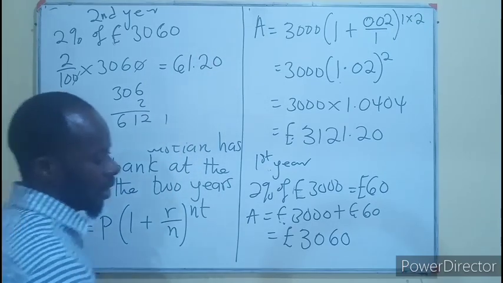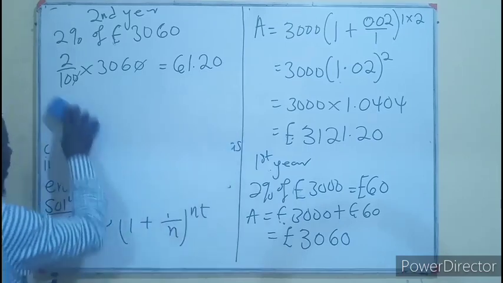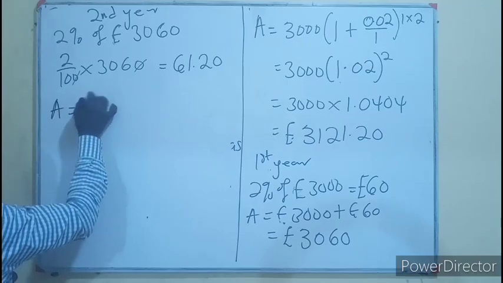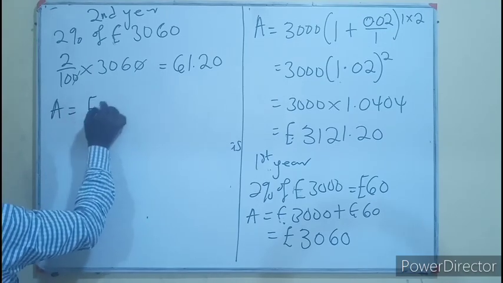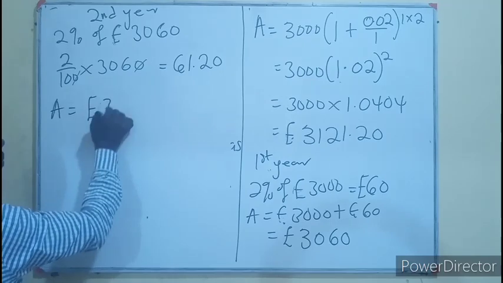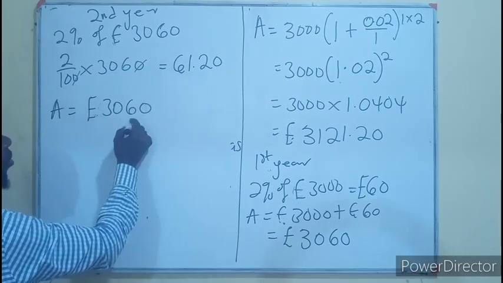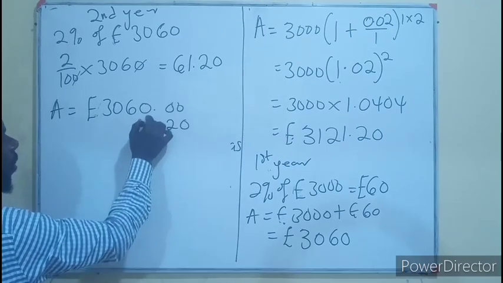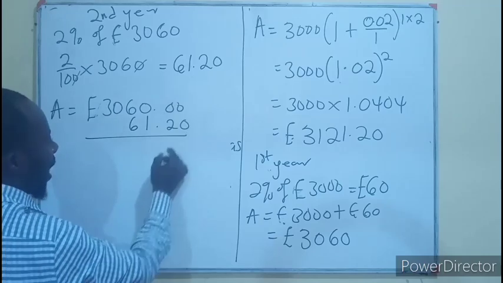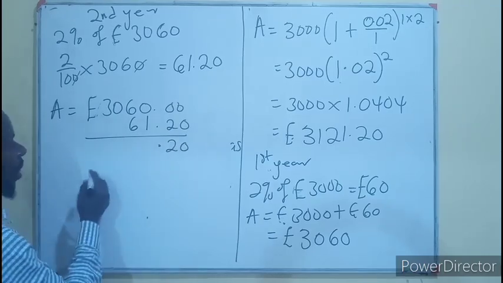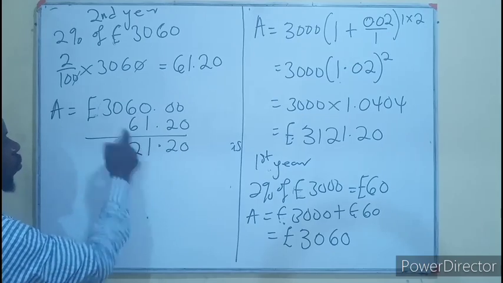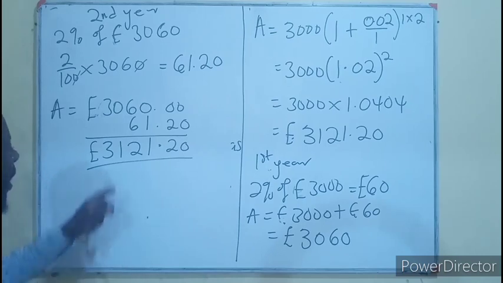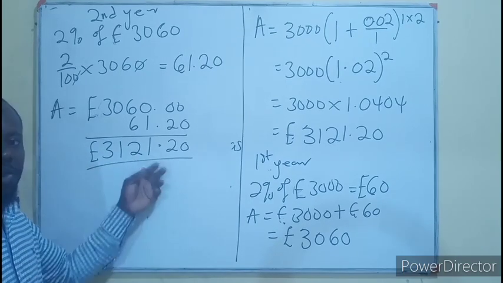But we are looking for the amount at the end of that year, which is now going to be 3,060 plus 61.20. Let me put the 20 here, then the 1 here, the 6 here, and add. I'll be having 3,121 pounds with 20 pennies.